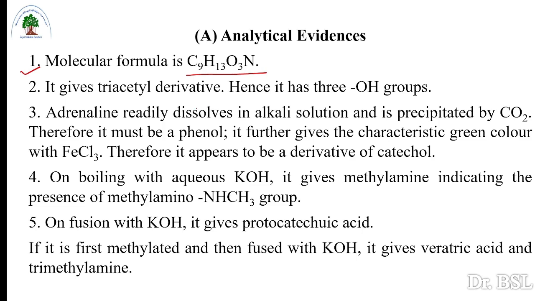It gives a triacetyl derivative, hence it has three OH groups, because one OH group accounts for one acetyl derivative. As it gives triacetyl, that means it contains three OH groups.